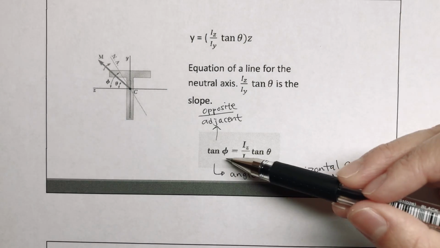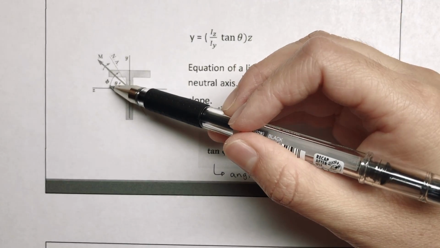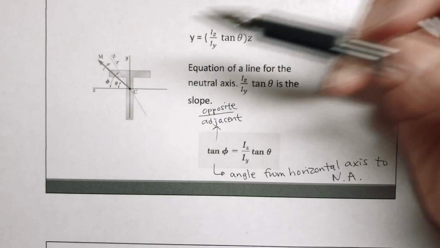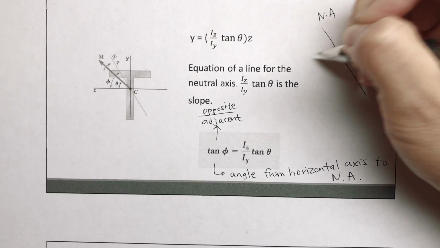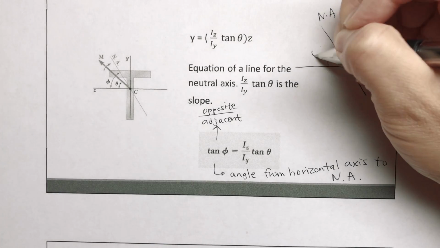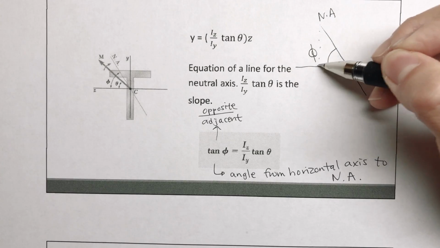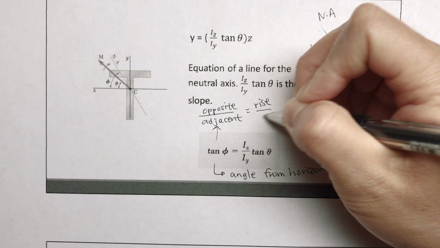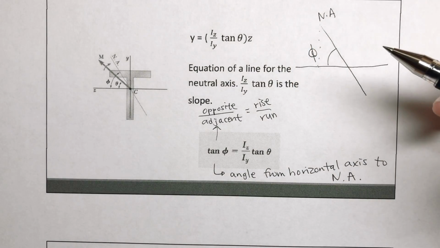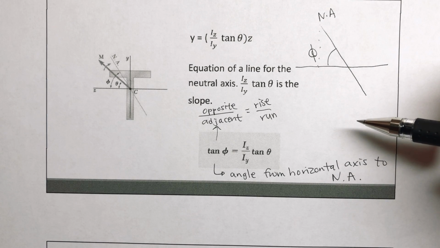So the slope term equals tan phi. Tan phi is from the horizontal axis to the neutral axis. So we have an equation of a line. Tan phi is opposite over adjacent, so opposite over adjacent equals rise over run, right? So tan phi equals the slope of the line.